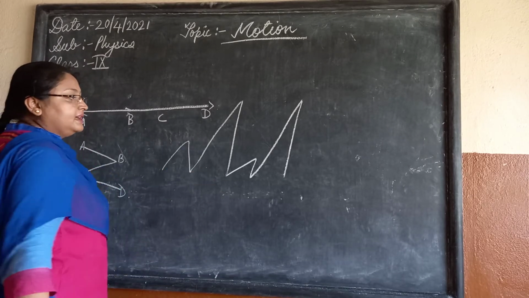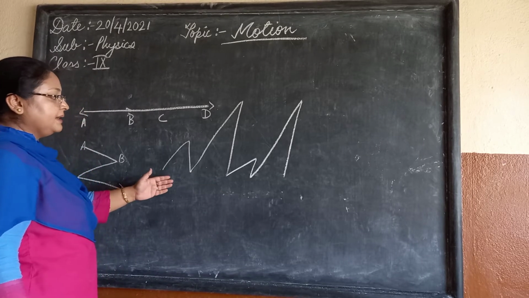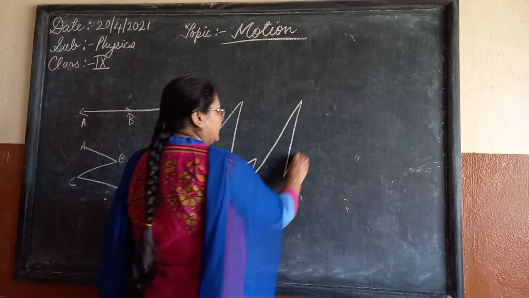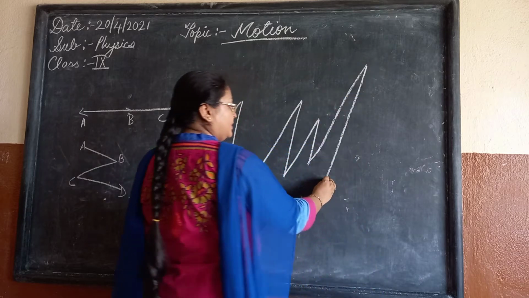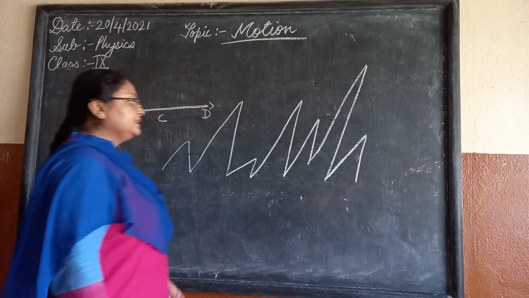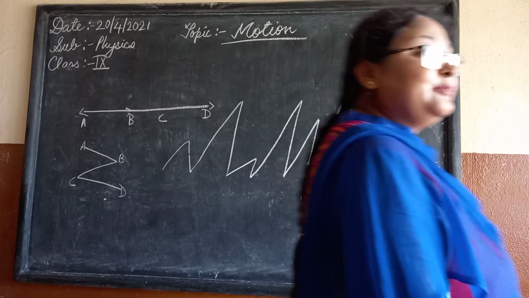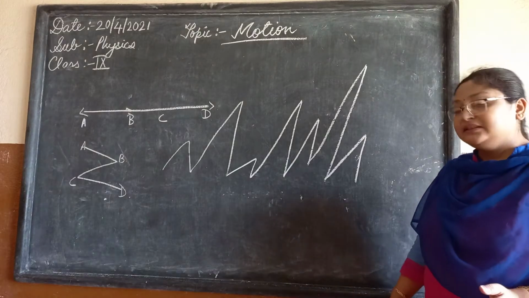The graph can go like this also. It can go in any direction. That is what we call random motion. Clear? So these are the various types of motion which we are exhibiting in a particular path.